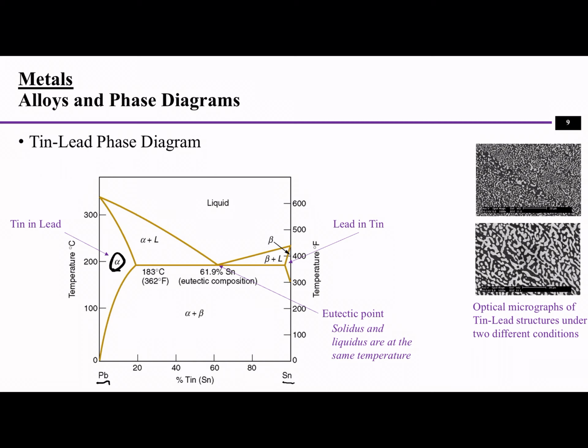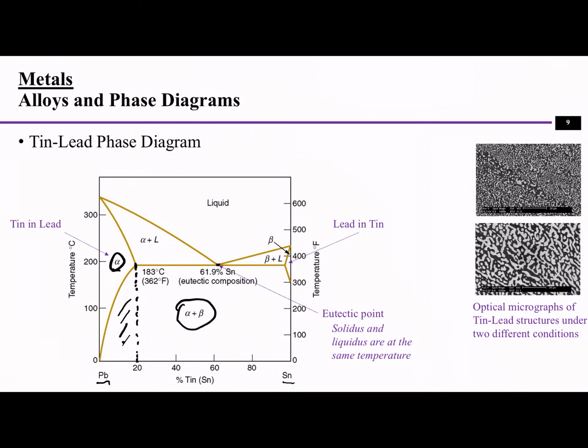When we are at maybe less than 20% of tin in lead, and if we keep increasing the temperature, most of the time it's in the alpha phase, right? But of course, there are some cases in this phase, where the structure will be both alpha and beta.